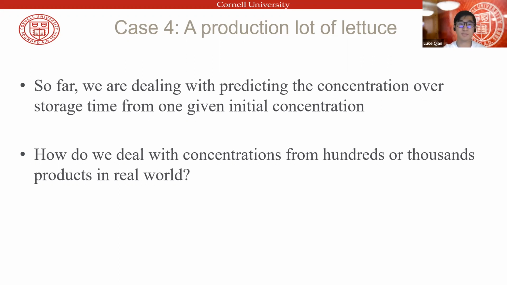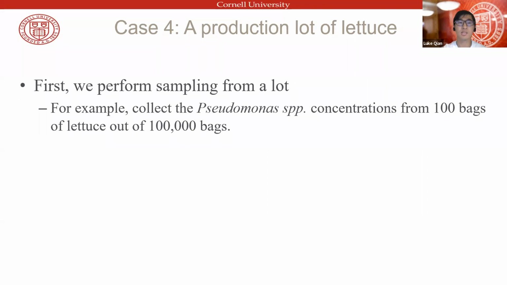How do we do that? Well, we can perform sampling from lots. If you have taken a statistics class, it is common to use samples to represent a population. Here, we can collect the Pseudomonas species concentration from 100 bags of lettuce out of 100,000 bags.